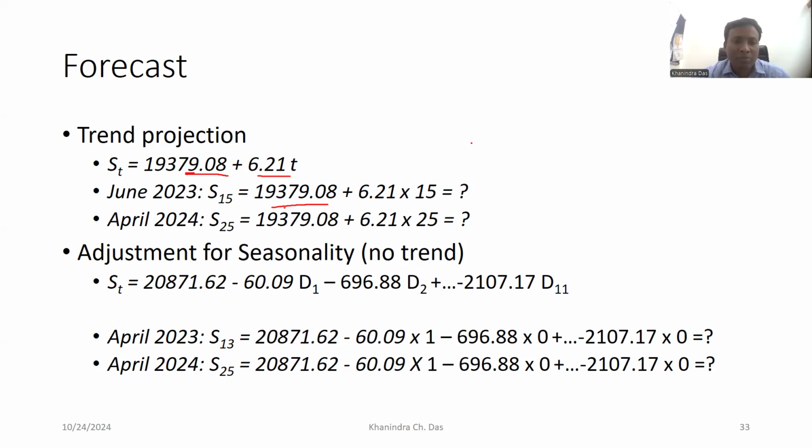It starts from April 2022, and April, May, June is 12 plus 3 equal to the 15th month. So if you solve this, you will get a projection for the 15th month. And if you want out of the sample, that is for April 2024, your time index will be 25. And if you solve this, you'll get a projection for April 2024.